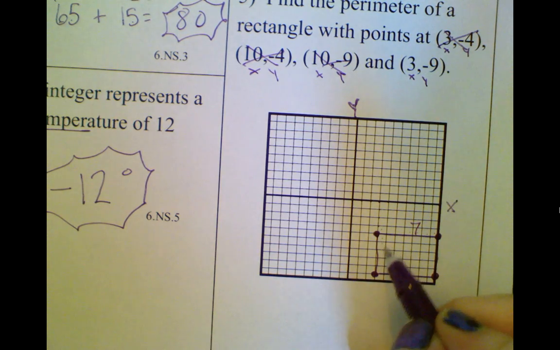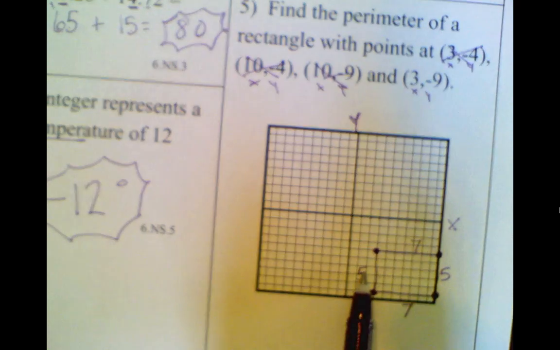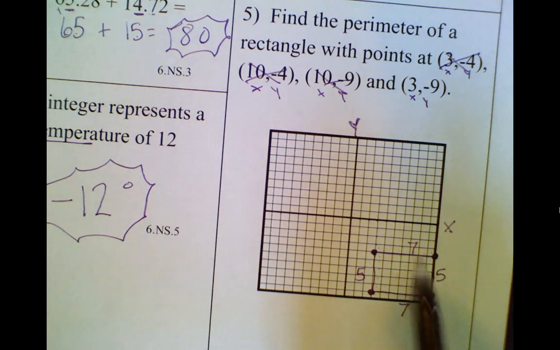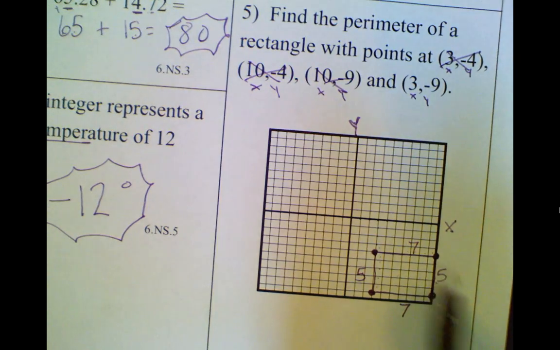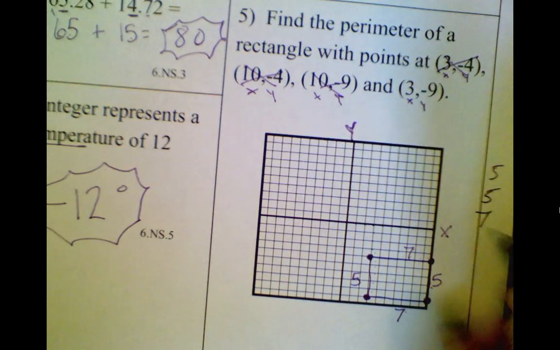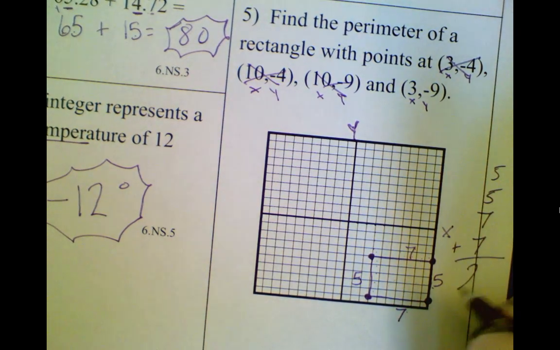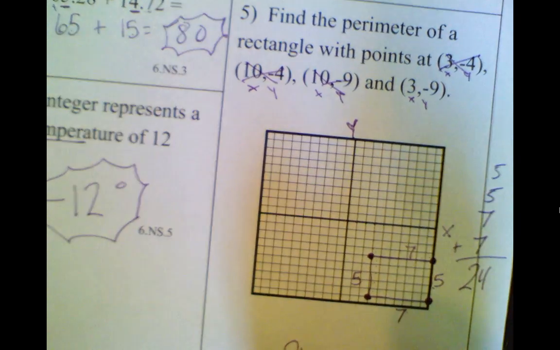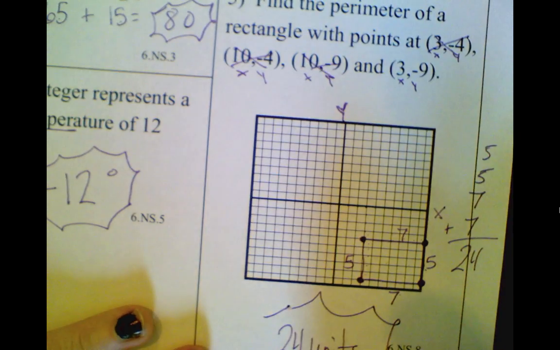And then we got 1, 2, 3, 4, 5. So 5. So we could take 5 times 2 plus 7 times 2, or you could just add up all the sides. So 5 plus 5 is going to be 10, and then 7 plus 7 is going to be 14. And so 10 plus 14 is going to be 24. So 24 units is going to be your perimeter.